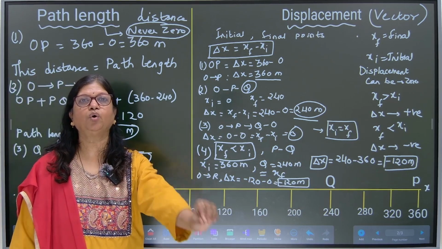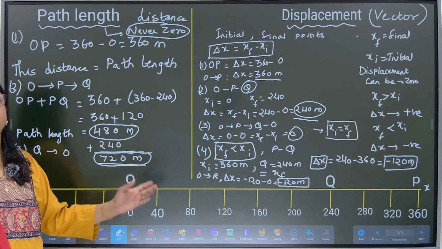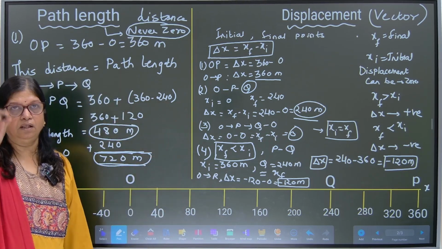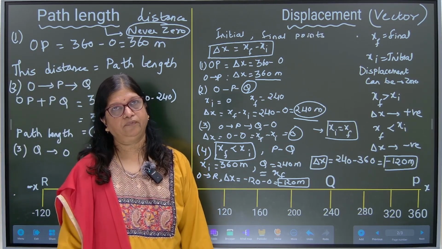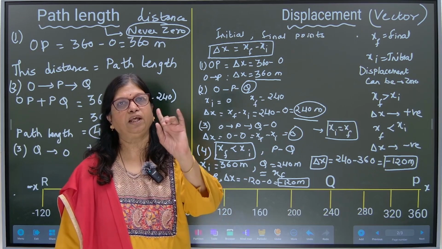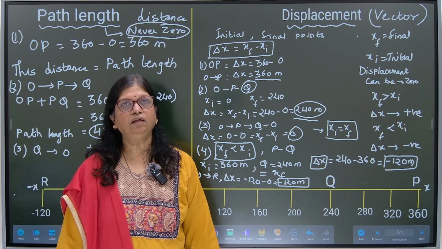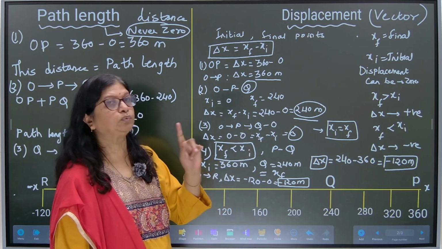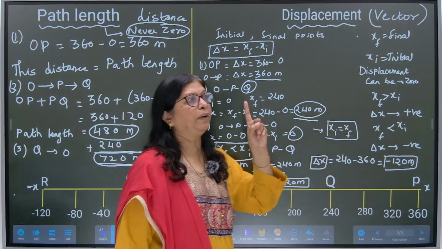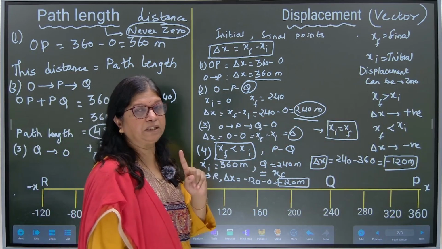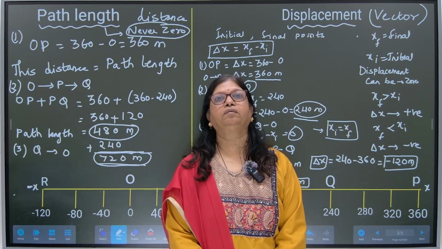The body has gone from the origin in the negative x direction, 120 meters. So displacement will be with a direction. It is a vector quantity. Distance will always be a positive answer because it is a scalar quantity. Two more points you have to remember: displacement can be 0 but distance can never be 0.